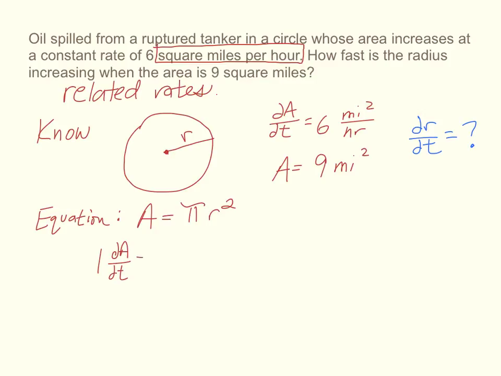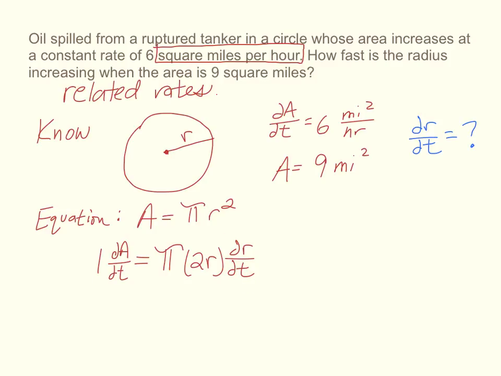On the other side of the equation, we have pi times the derivative of r squared, which by power rule is 2r, and then immediately we multiply by the rate of how the radius is changing with respect to time. We almost have all of the information we need in order to figure out what dr dt is.